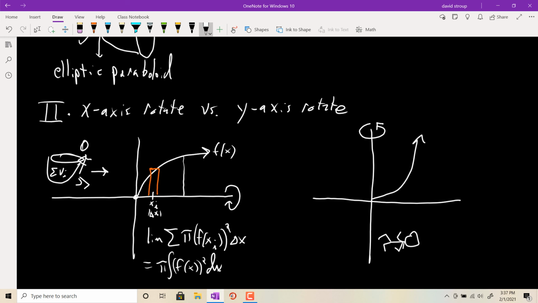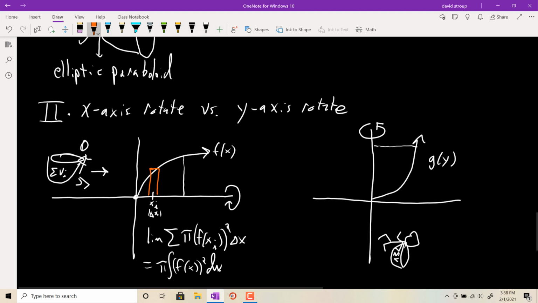Putting those little summing up volumes, trying to draw that sideways. So the first thing we're going to need is this function in terms of y. So instead of f of x, we'll have some sort of g of y for the region that we're rotating.